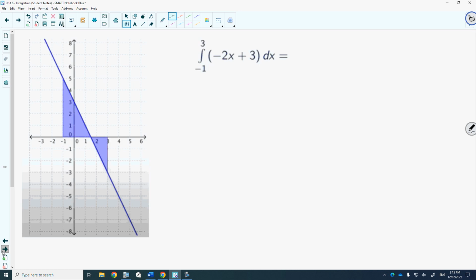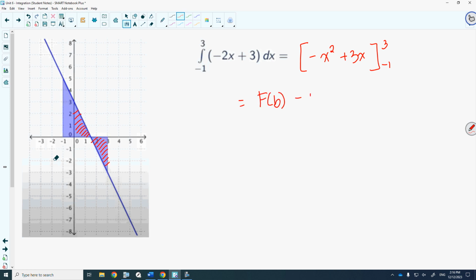What do you think about this one? Overall, do we have more positive area or more negative area? Positive area. So what's actually going to happen is that triangle will cancel with this triangle, and overall we're going to have a net positive area. So the antiderivative is negative x squared plus 3x, integrating from negative 1 to 3.